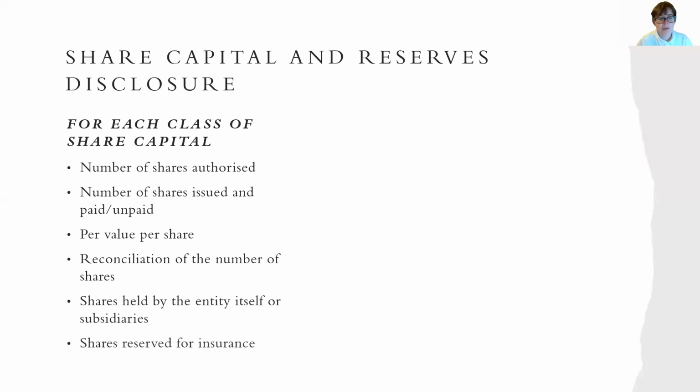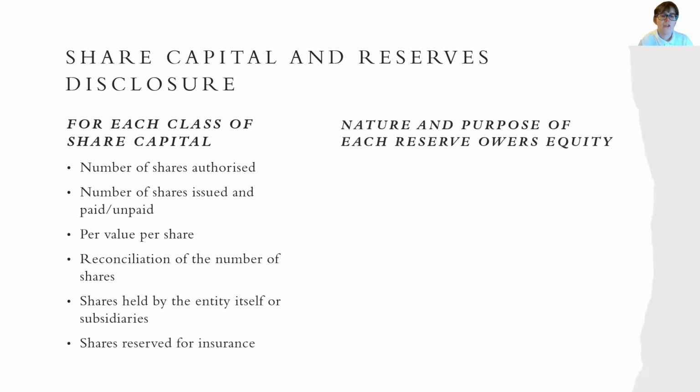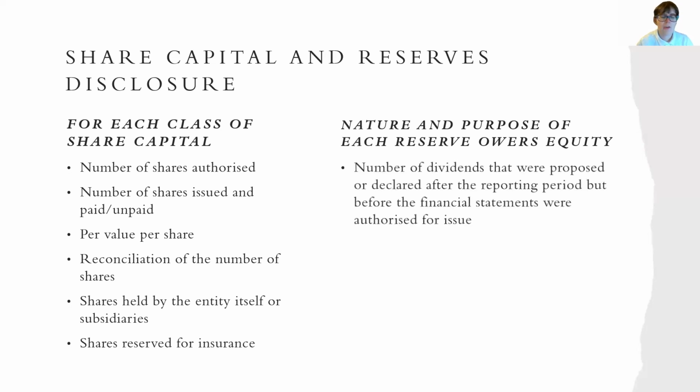Shares will also be reserved for issuance. So, nature and purpose of each reserve, owner's equity. So a number of dividends that were proposed or declared after the reporting period, but before the financial statements were authorised for issue. It's a number of any cumulative preference dividends not recognised.